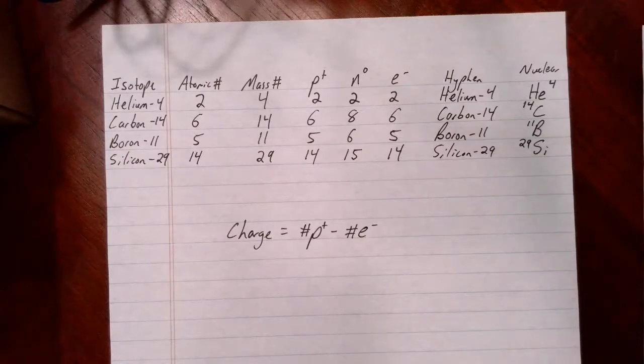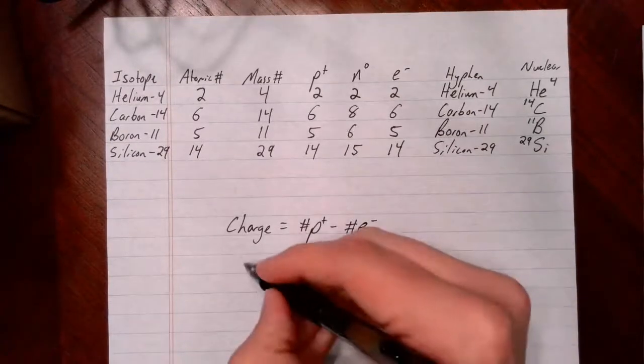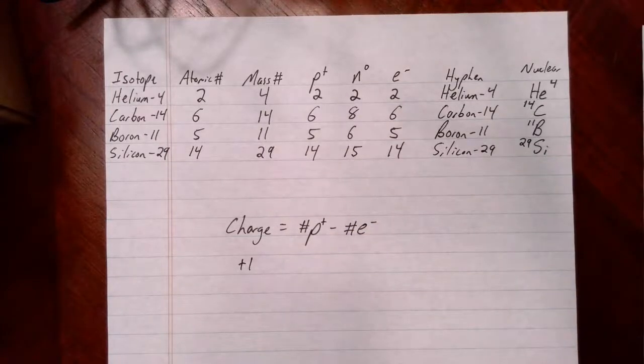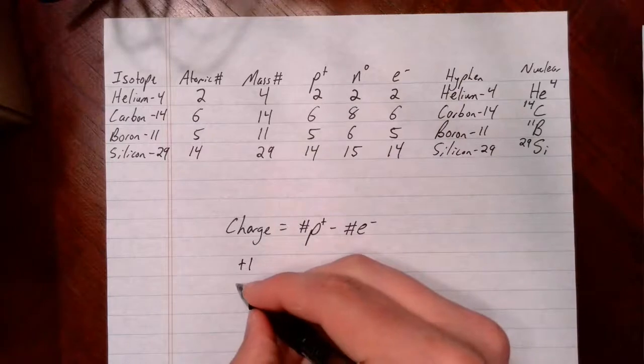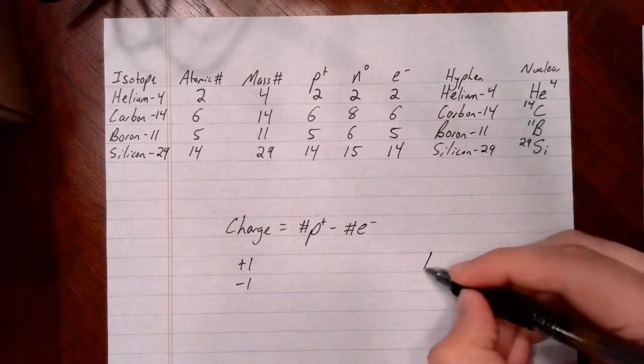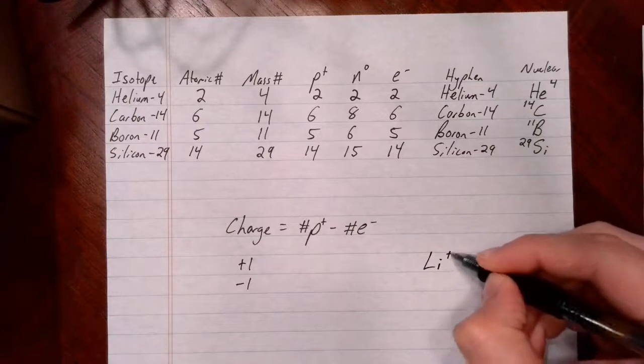Okay, so we're good. But if we have a charge of plus 1, that means there is one more proton than there is electron. If we have a charge of negative 1, that means there is one more electron than there is proton. So let's look at an example of lithium with a positive charge.